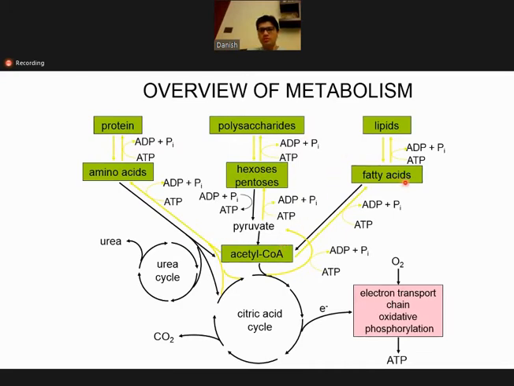The fatty acids are oxidized by beta oxidation and broken down, providing loads of energy through the formation of acetyl-CoA. Similarly, proteins, after digestion and absorption, release free amino acids that enter metabolism.